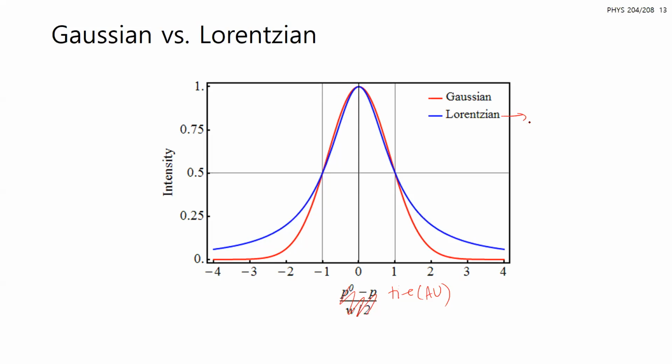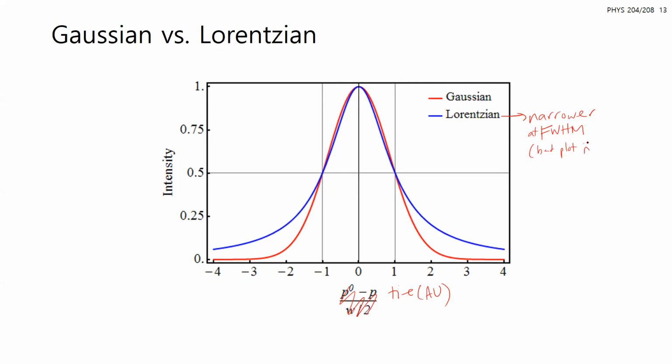I think this plot was designed to have the same full width half max and same magnitude to emphasize how it extends out. But the Lorentzian should be narrower at the full width half max.